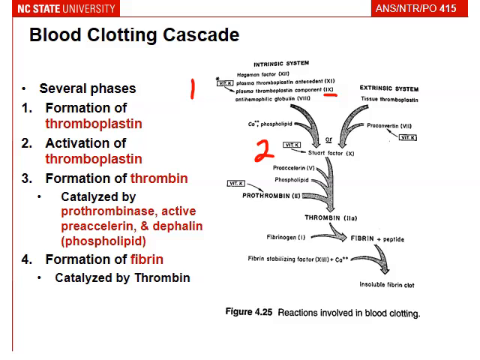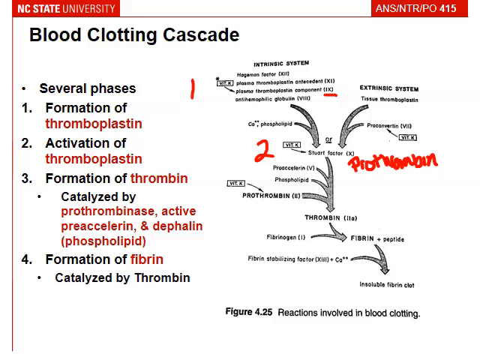So this part is referred to as prothrombin. So we're forming that here, and then we have the formation of our thrombin.